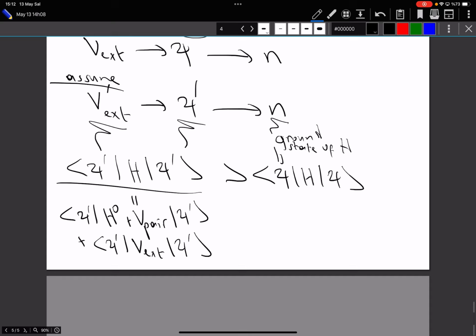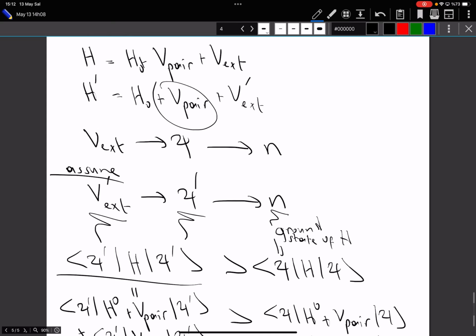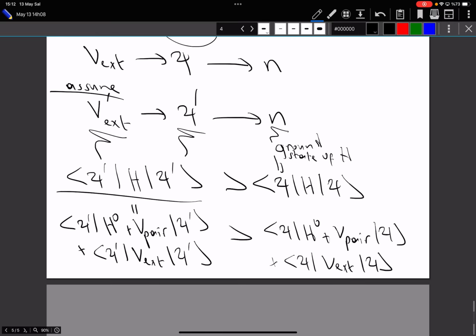This should be larger than psi, H0 plus the pair interactions, psi, plus psi, V external, psi. I'm just writing the H as H0 plus the pair interaction of the electrons plus whatever external potential I have. I have a question.